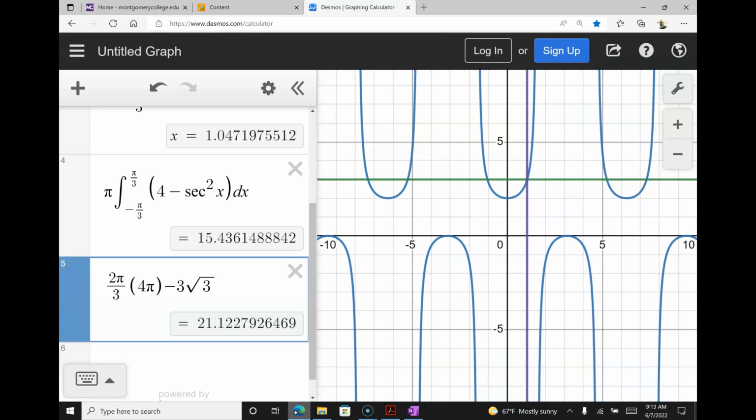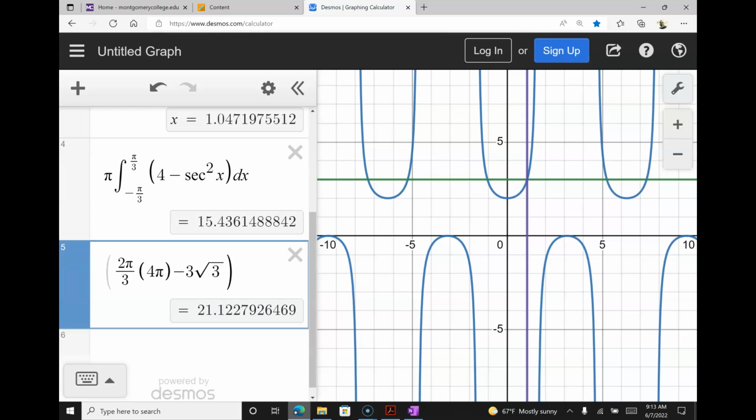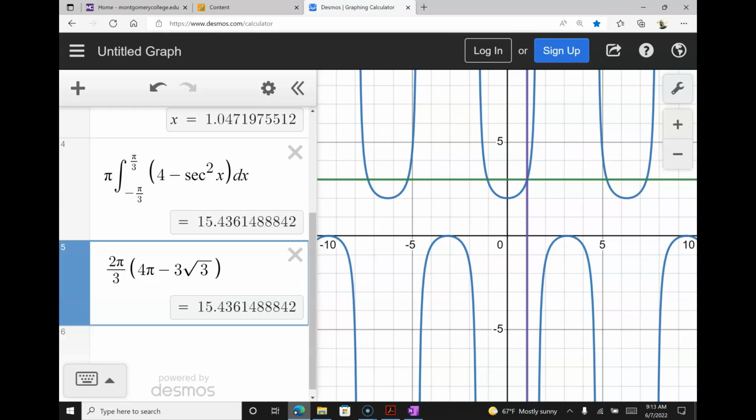Uh-oh. Oh, I got a mistake here. No, I see it. Yeah. Nice. That's why I like math. I like to be right every now and then without having to argue with somebody. Yeah, no opinion. No opinion needed.